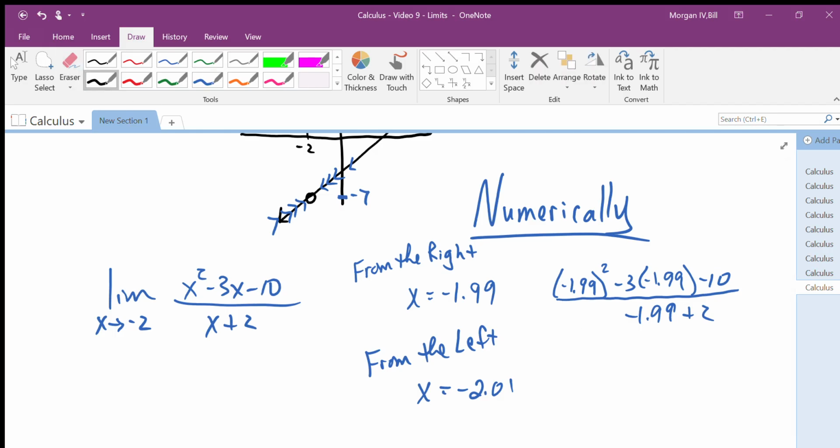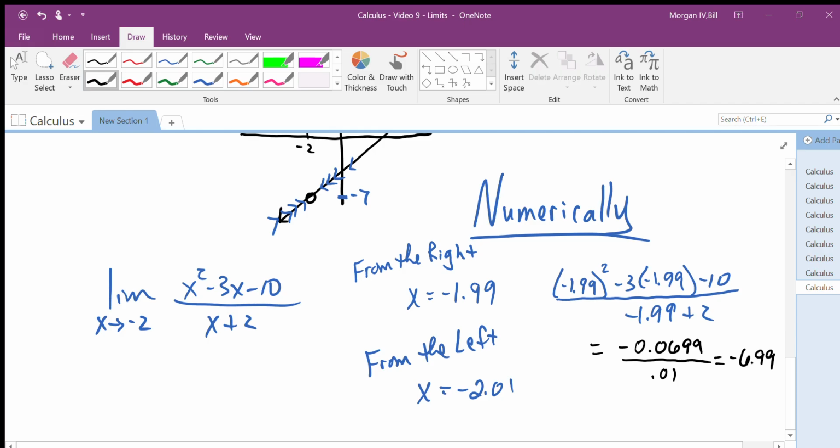Let's try this again. So in the numerator, when I multiplied that out, I got negative 0.0699, and then negative 1.99 plus 2 is 0.01, and when I divide that out, I get negative 6.99.